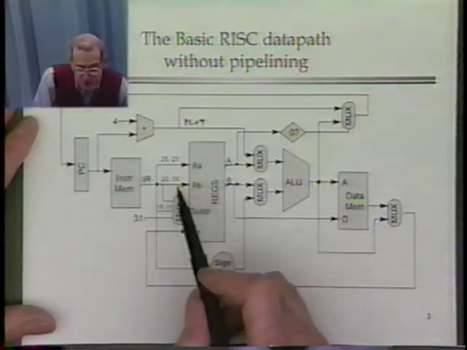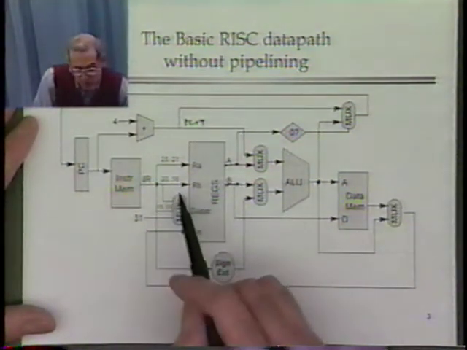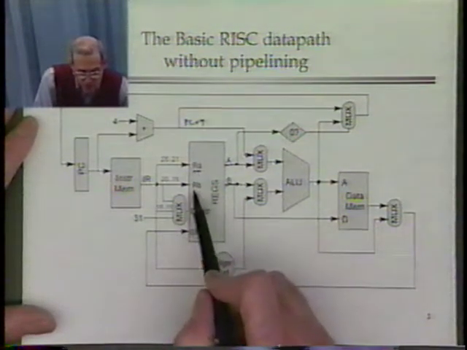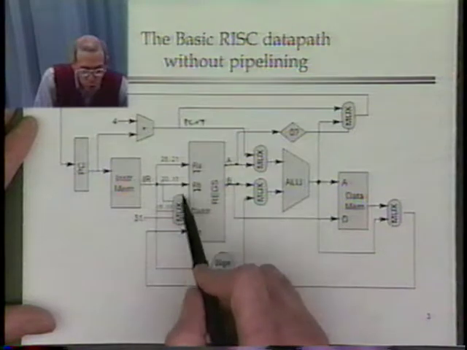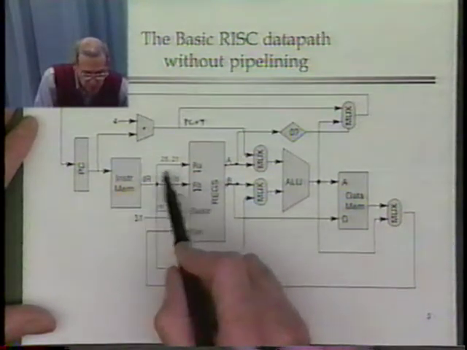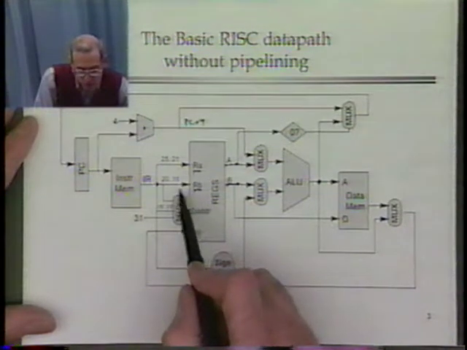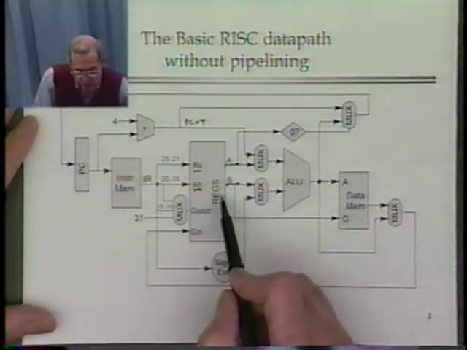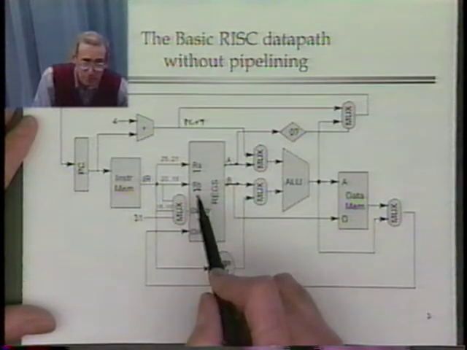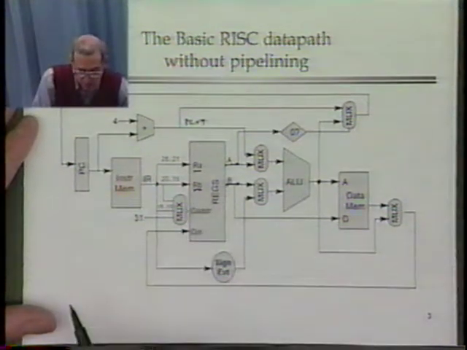Now notice that one of the nice things about the way the DLX instruction set was designed was that register A and register B specifiers are always in the same place if they're there. So I can always, without any multiplexers or without making any decisions, read those registers out of the register file. It may in fact be that one or both of them shouldn't have been read because I didn't need them, but that doesn't matter.